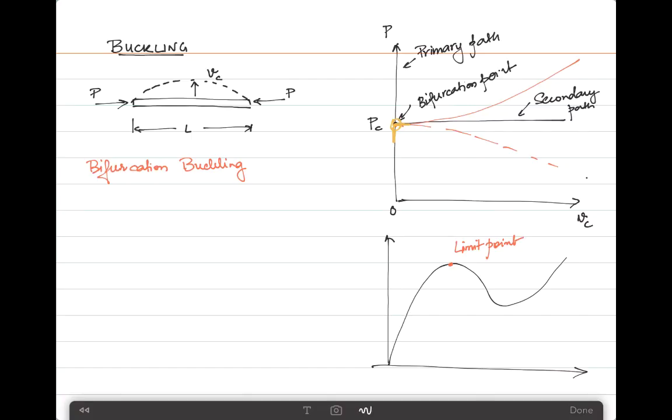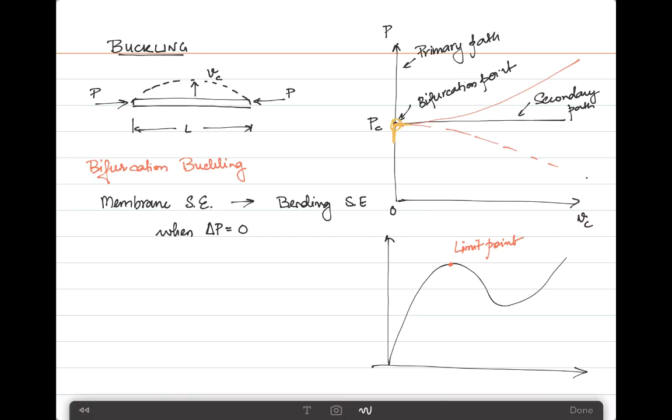So bifurcation buckling can be described physically to occur when a member or a structure converts the membrane strain energy, which is related to the in-plane conditions, to the bending strain energy, which goes into bending or out-of-plane behavior, with no change in external load applied.